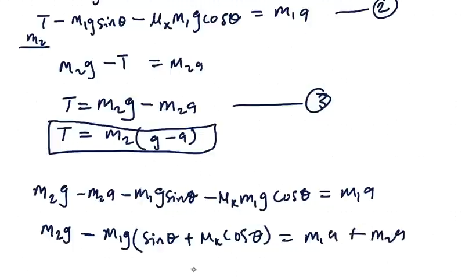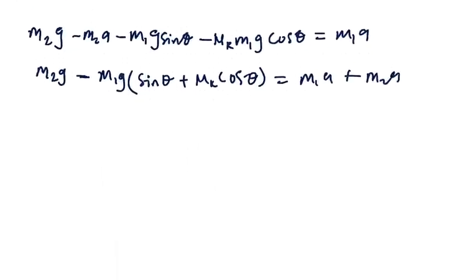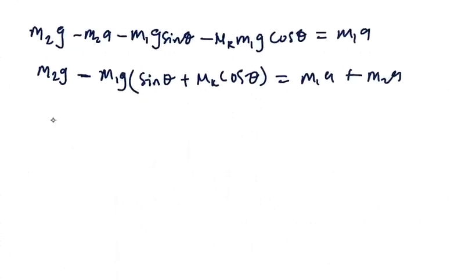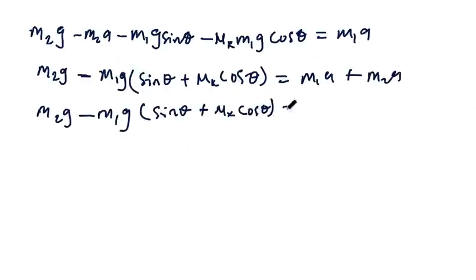If we rewrite this as well, we have m2 g minus m1 g into sine theta plus mu k cos theta equal to m1 plus m2 into a.